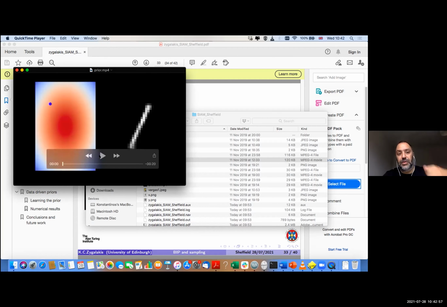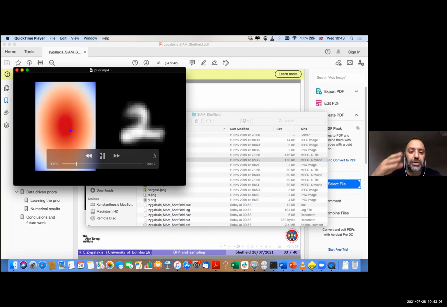And this is just a video that shows different samples of the Gaussian and what are the corresponding images on the X space, okay? So as you see, as I move around, I get different images. The quality is not that great because I'm only using 2 dimensions to describe a 900 dimensional image. But I hope it makes sense what I'm saying, that we have managed to learn the prior.